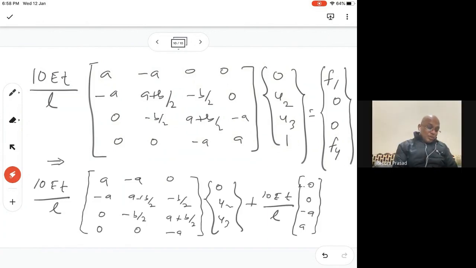Yeah, I mean, you mean to say this and this multiplied by this, right? Yes, sir. Yeah, but this you can do by hand, but when you are writing a computer program, you cannot do it like that. You follow? Okay. Yeah, so we have to understand how the computer will do.